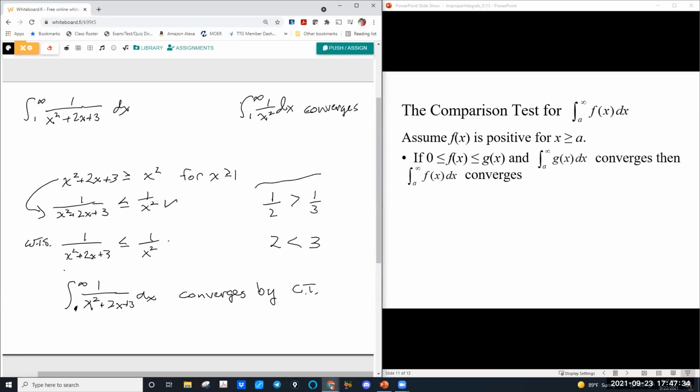Well, this is always true. Whenever you take the reciprocal of both sides of an inequality, it will flip the inequality. So by taking the reciprocal of x squared plus 2x plus 3 and the reciprocal of x squared, that automatically inverts the inequality. And it will always work. And guys, this is going to be something you're going to use a lot when you write up proofs for these problems.